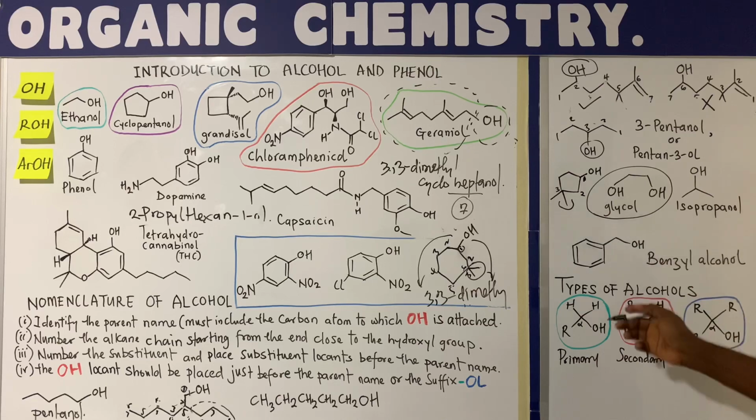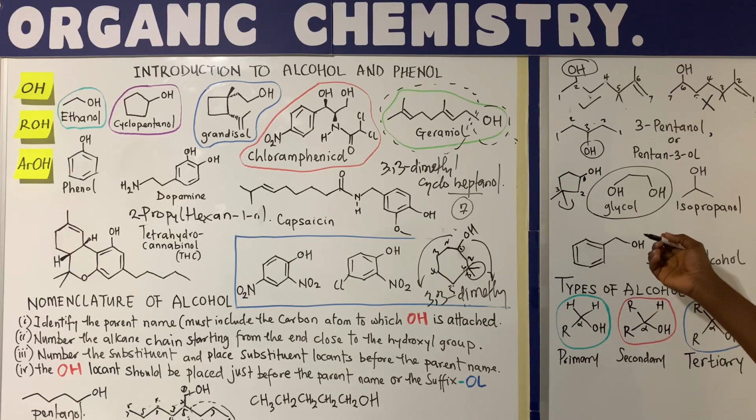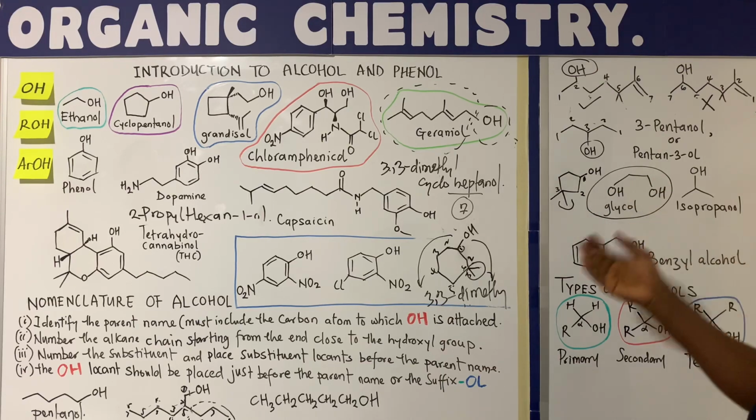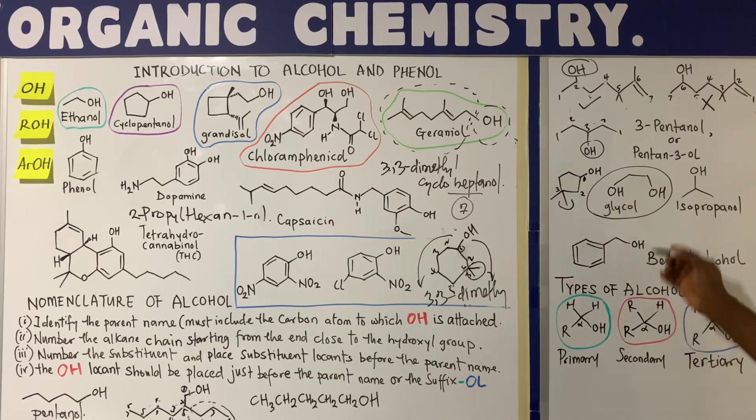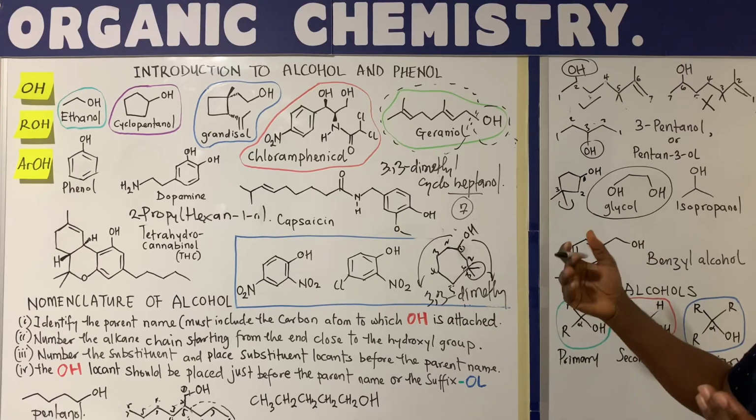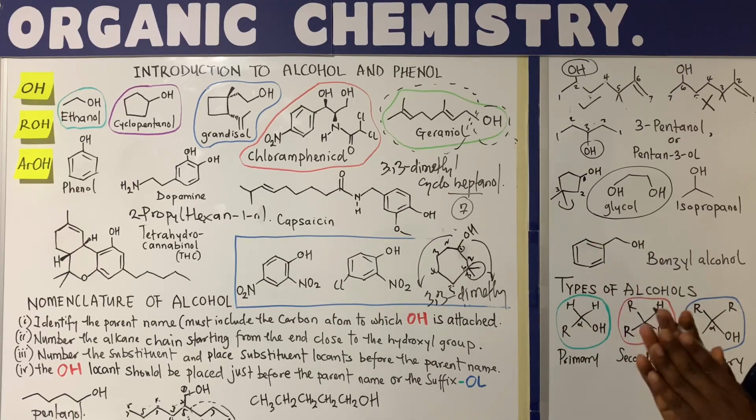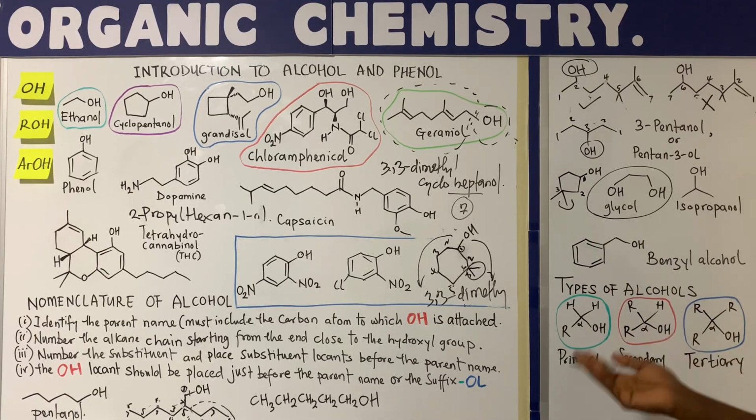It's called glycol. Sometimes some people call it ethylene glycol because it's made from ethene, and it has 2 OH groups. So this is glycol. We can also have 3 OH groups in one single molecule, like glycerol.